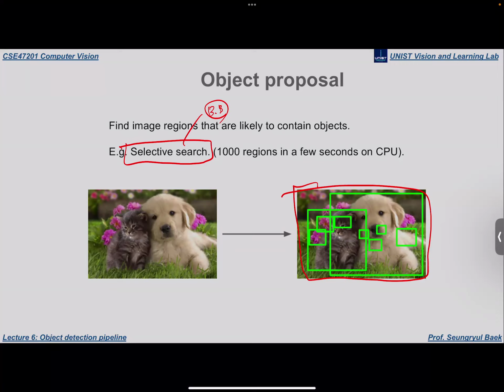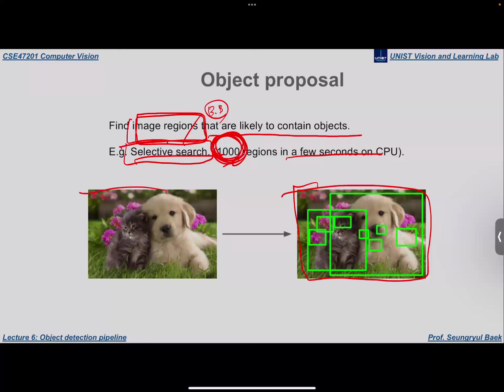Find image regions, bounding boxes that are likely to contain objects. That's the selective search method, and their aim is to filter out the bounding boxes which may not have an object inside and keep only 1,000 bounding boxes in a few seconds. This is their algorithm's objective.